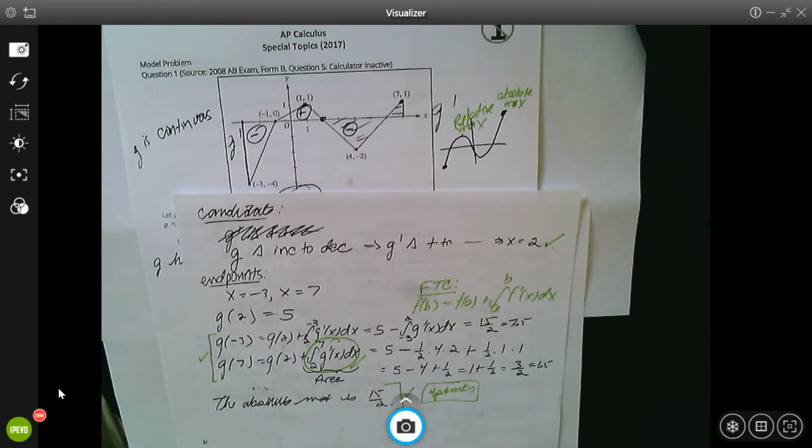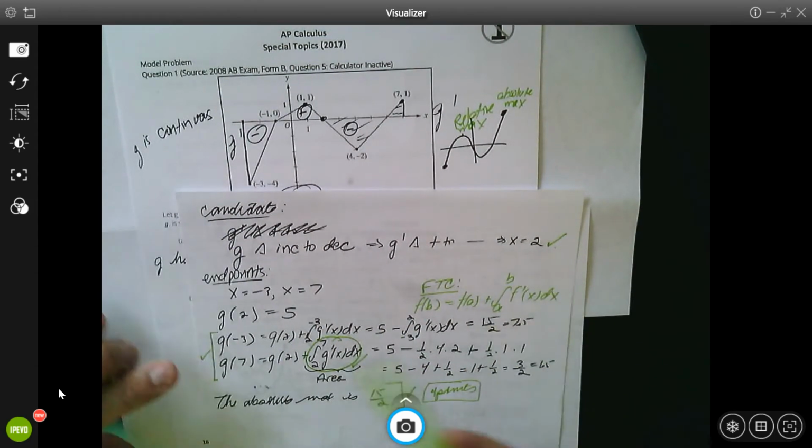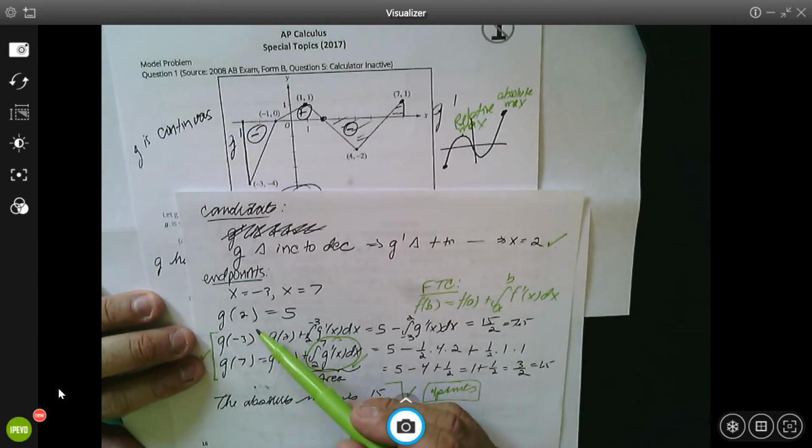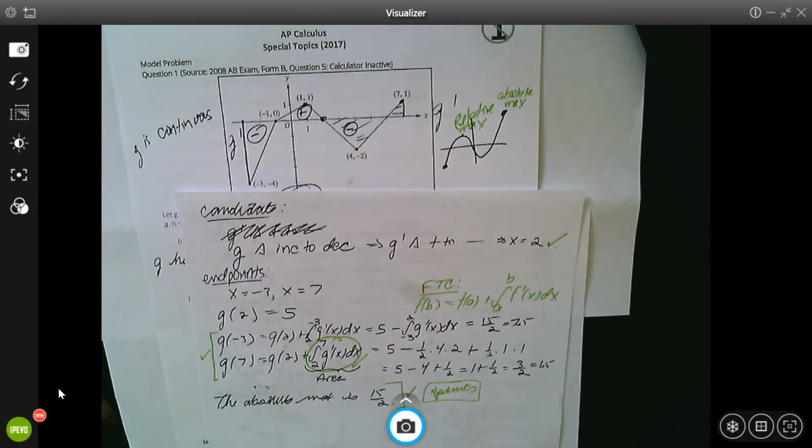And although the College Board might divvy up the points differently from time to time, that's pretty standard. 1 point for the candidate with reason, 1 point for consideration of the value of the function at the endpoints, 1 point for an area computation, 1 point for your conclusion.